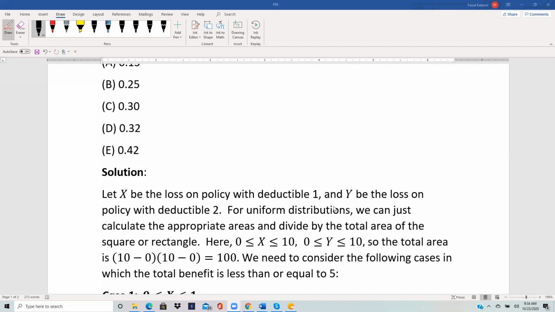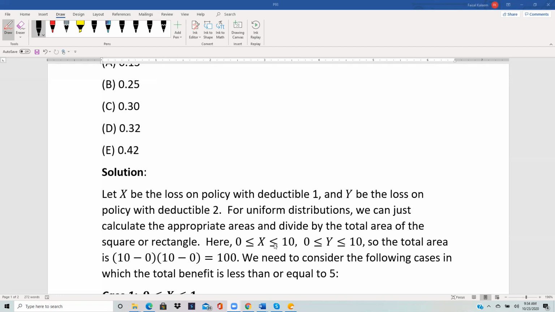And as we saw in the last problem, for uniform distributions, you can just find the appropriate area that you need and divide that by the total area of the whole universe, which in uniform distribution will be a rectangle or a square.